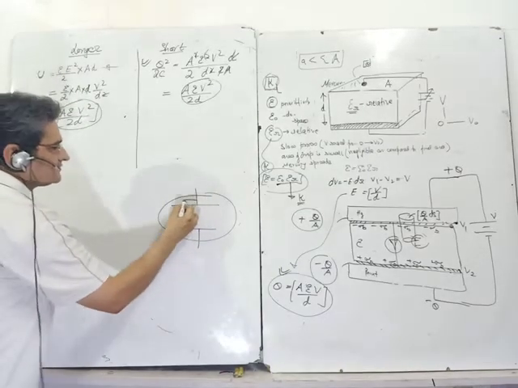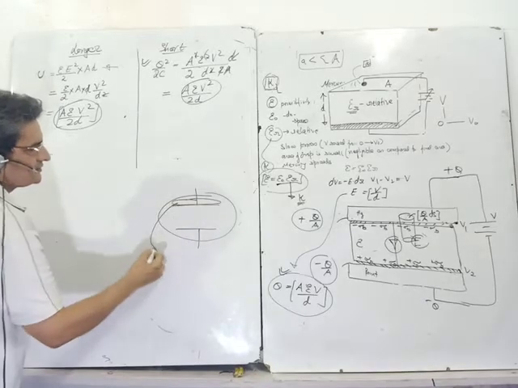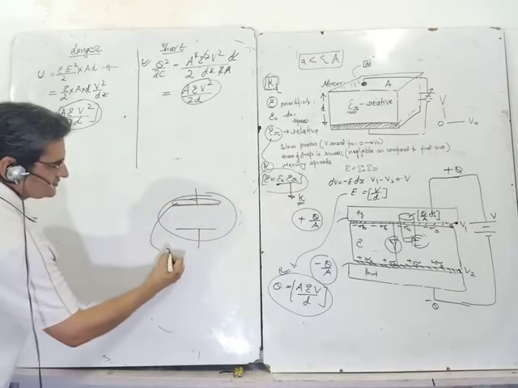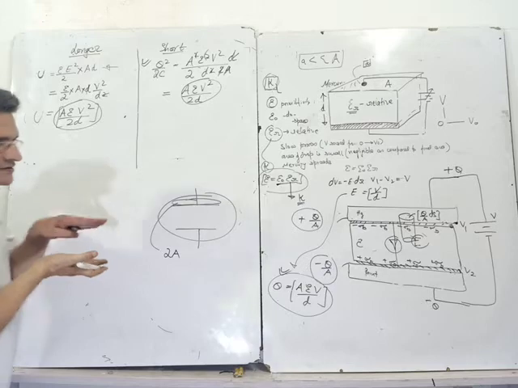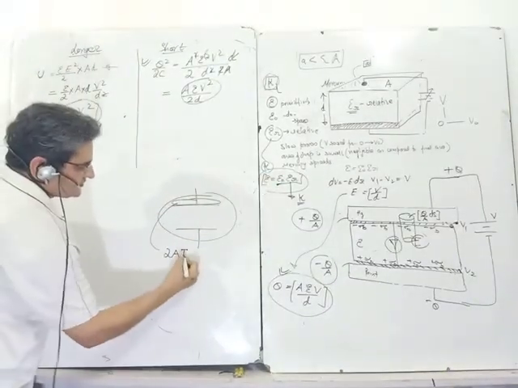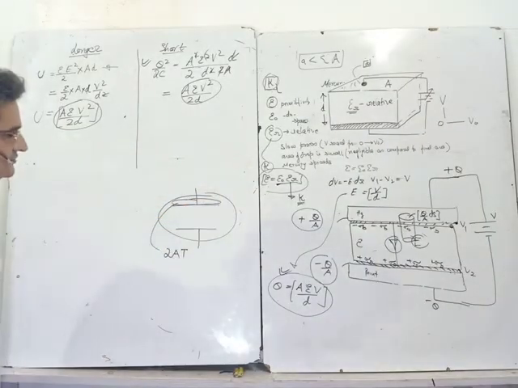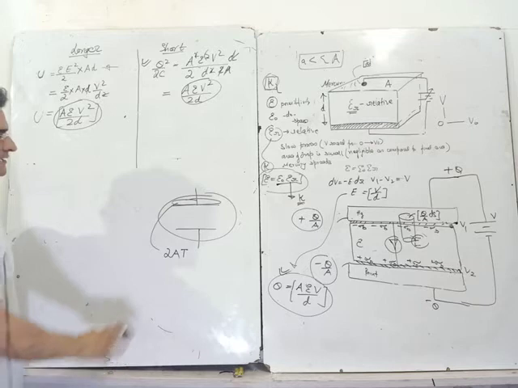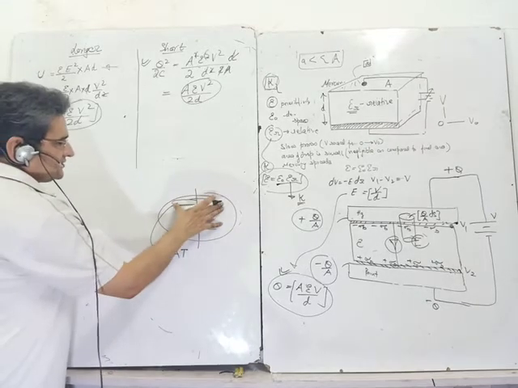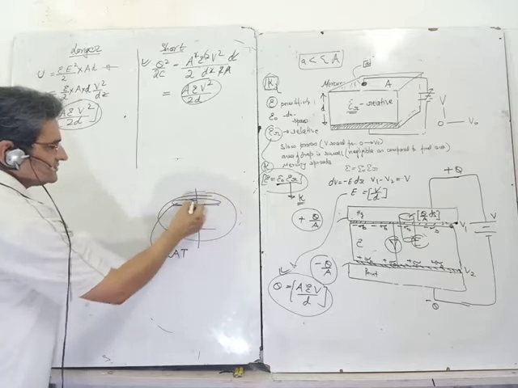It has surface energy because of mercury. That is, the surface area of mercury is twice A. It has two layers, up and below, and surface tension is T. You can take sigma, but sigma will conflict with my sigma, so I don't take sigma. This is the value of the surface energy which is there in the mercury, and this whole system has two parts.